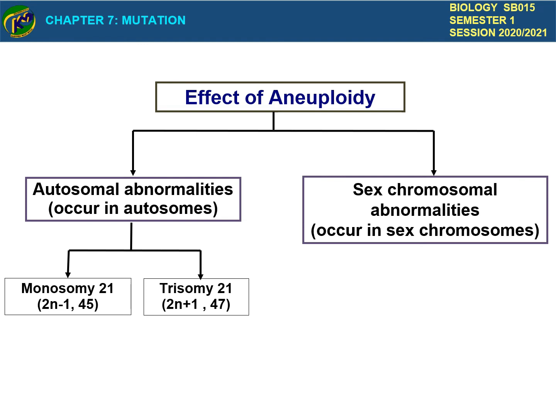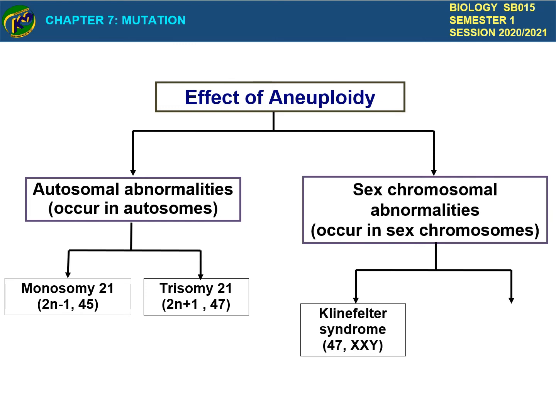And if the aneuploidy occurs in sex chromosome, it's known as sex chromosomal abnormalities. The example is Klinefelter syndrome, where this individual has 47 chromosomes, which has one extra sex chromosome.